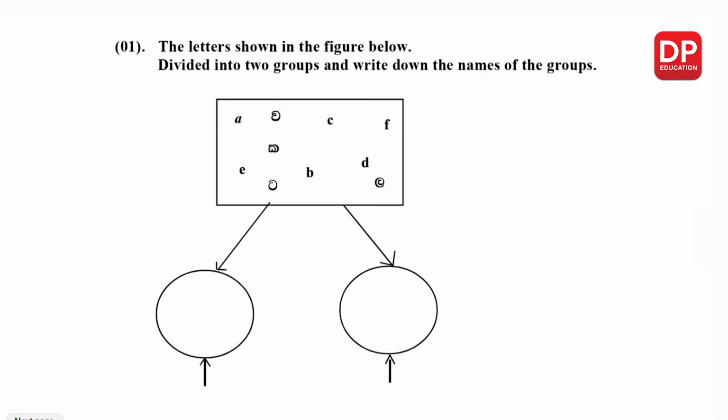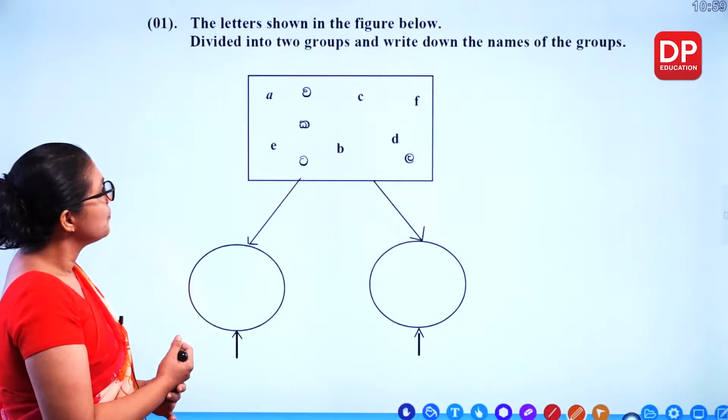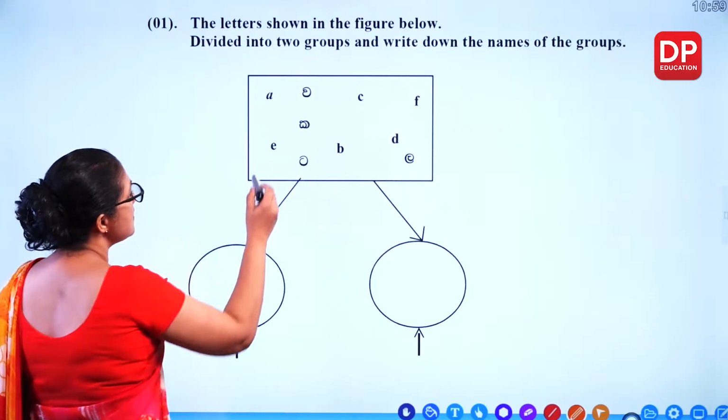Look at this one, the letters shown in the figure below. Divide into two groups and write down the names of the groups. We know these letters.